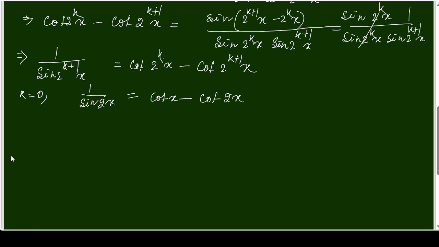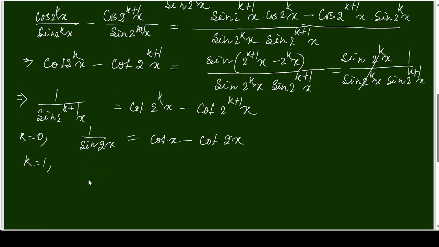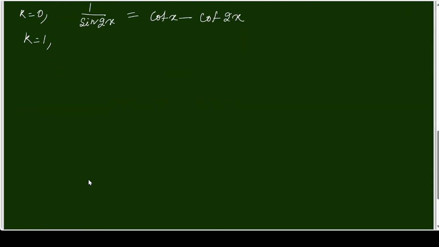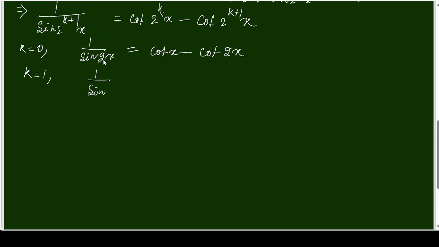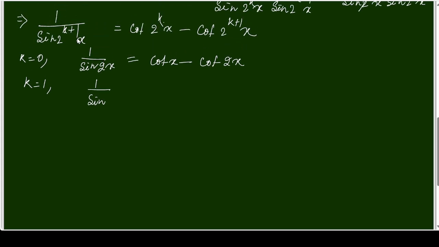Next, when k equals 1, I get 1 over sine 4x, since 2 power 2 is 4, equals cot 2x minus cot 4x.